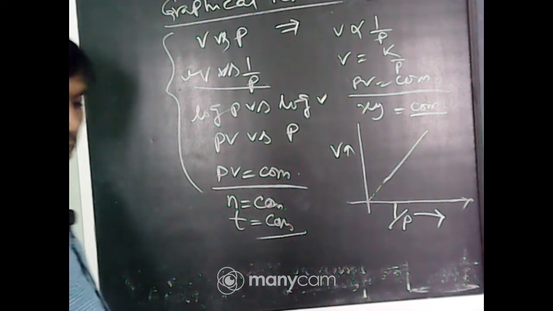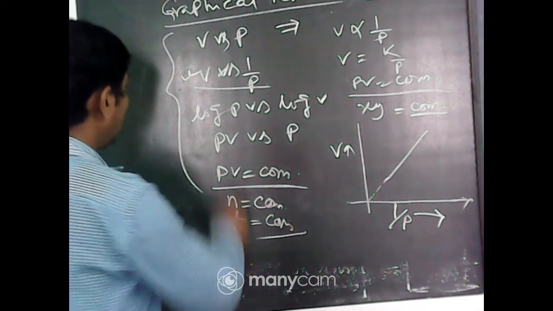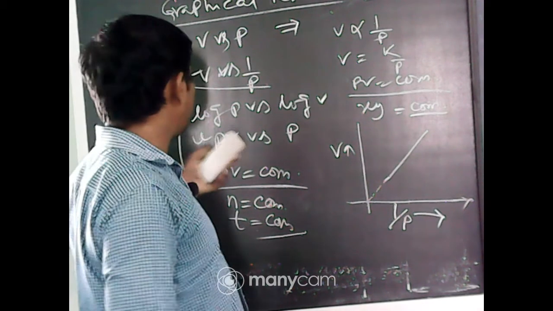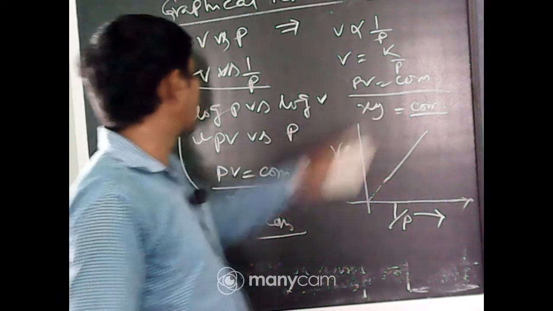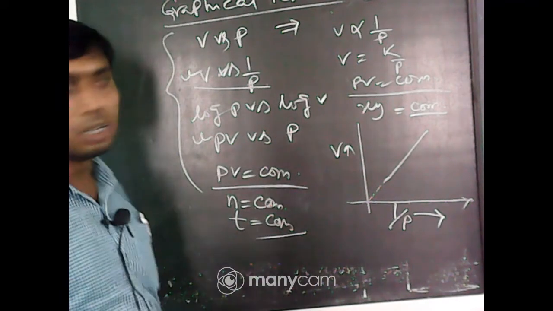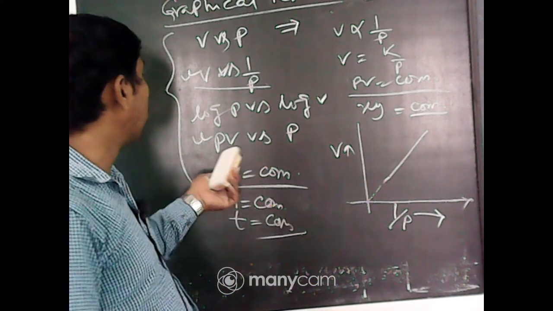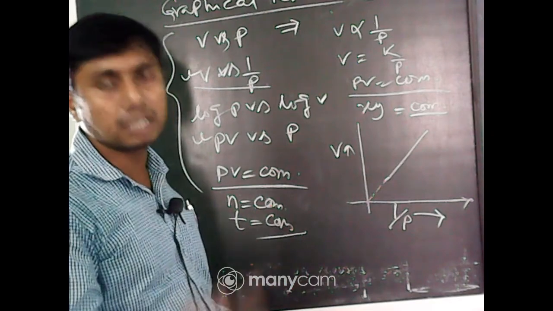Next come to the next plot, that is the third one, PV versus P graph. Now again PV is constant here, PV versus pressure. So, if we increase the pressure, then the PV value will accommodate in such a manner that with increasing pressure the volume will decrease.